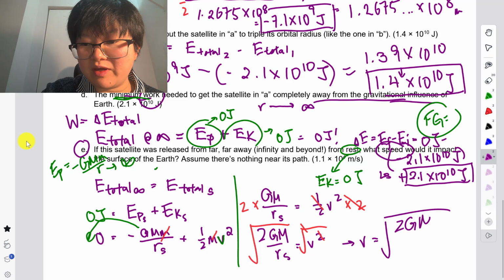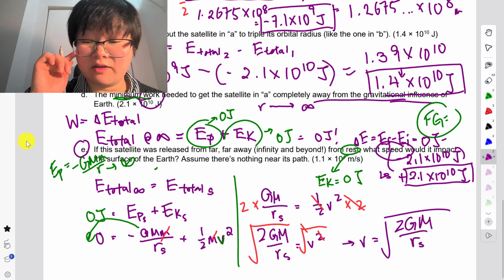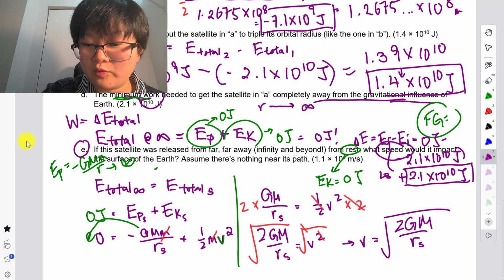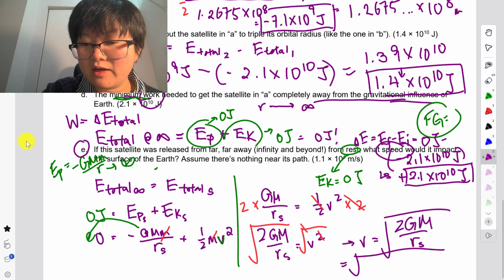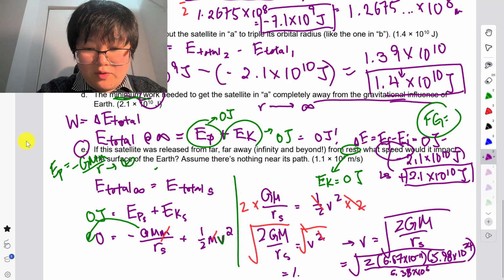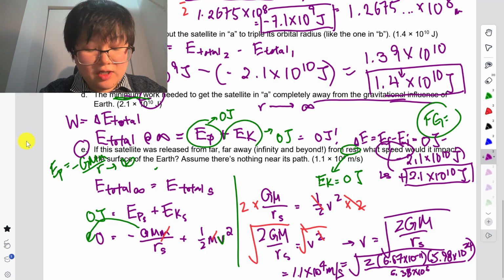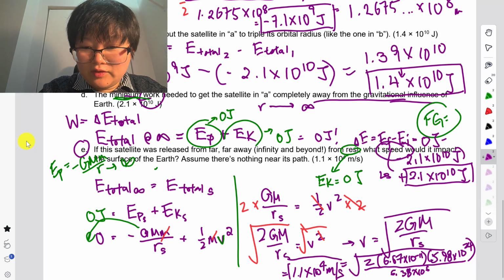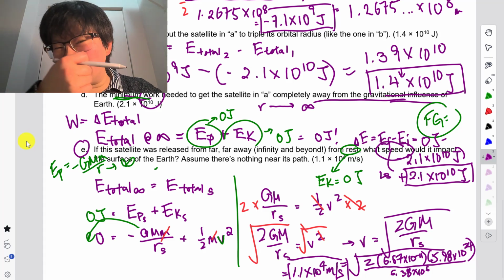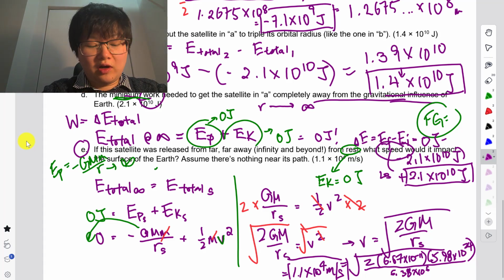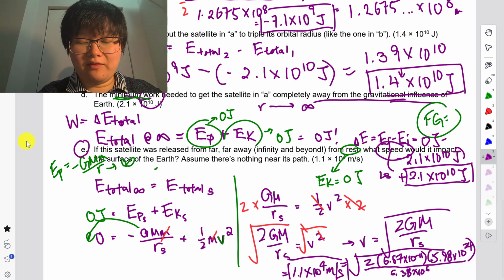So v equals the square root of 2 big G, big M over the radius of the Earth. After we put everything in, we get 1.1 times 10 to the power of 4 meters per second. I checked again with the calculator, and this would be exactly the same value as the escape velocity if you were at the surface of the Earth.